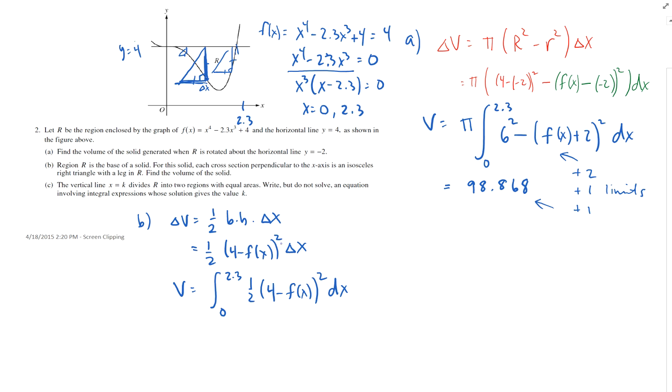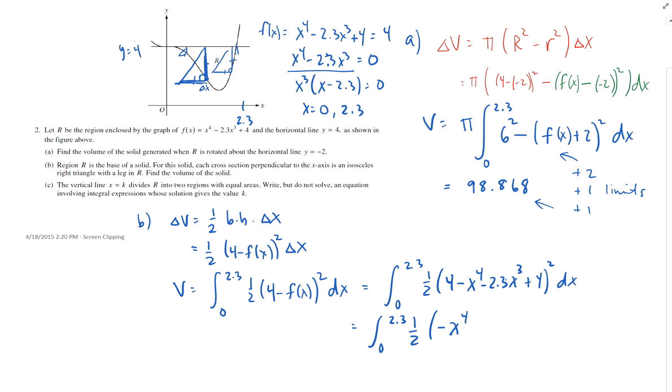Then you can plug in f of x, and you would get the integral from 0 to 2.3 of 1/2 times 4 minus x to the 4th minus 2.3 x cubed plus 4, squared, dx. What you'll actually be putting in your calculator is 1/2 times, the 4 and that 4 cancel, so it would be negative x to the 4th. Did I really just forget to put those parentheses in? I did.